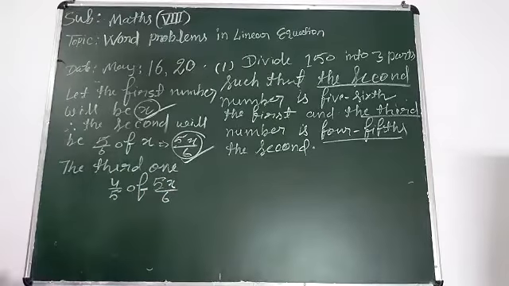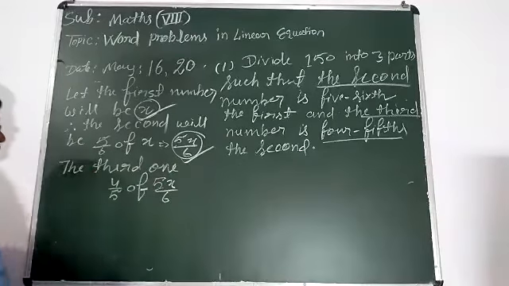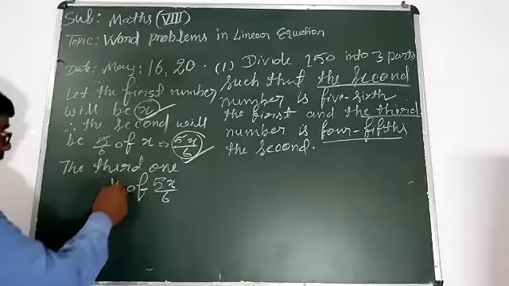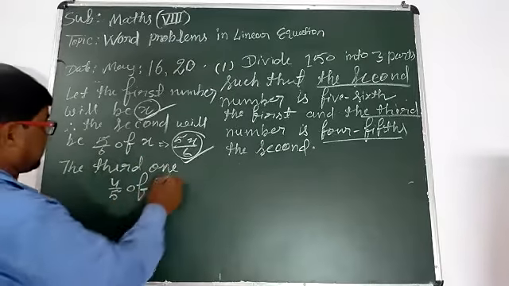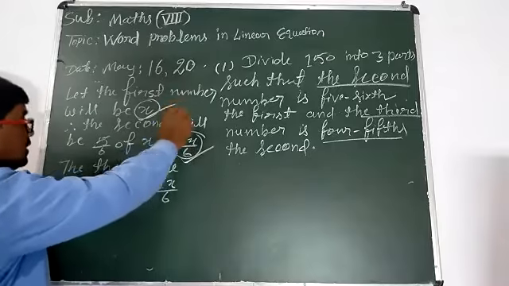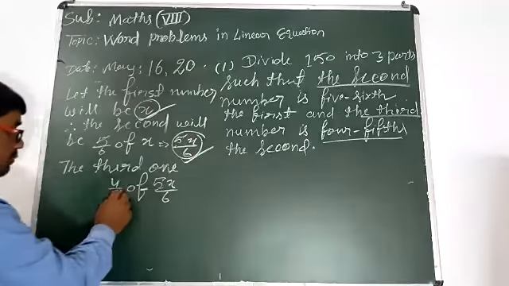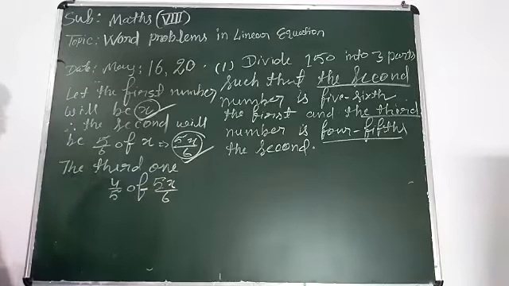Understood the condition? Okay, the third one will be 4/5 of the second number. Here 4/5 means 4 upon 5 of the second number. According to your supposition, the second number is 5x upon 6. So 4 upon 5 of 5 upon 6.